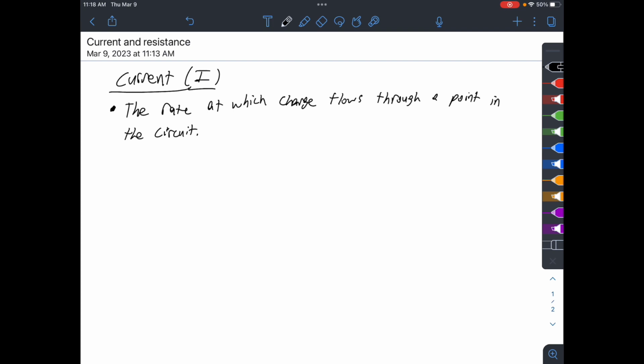So I think we can just get right into the units of this, and that will make things a little bit clearer. So the units of current is called amperes, and that is just the name of them, shortened to amps almost all the time.